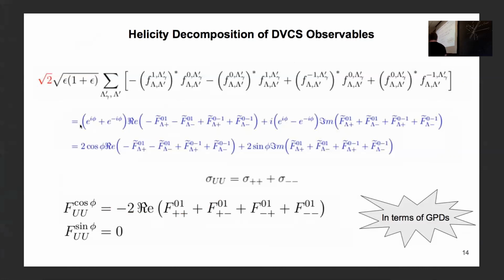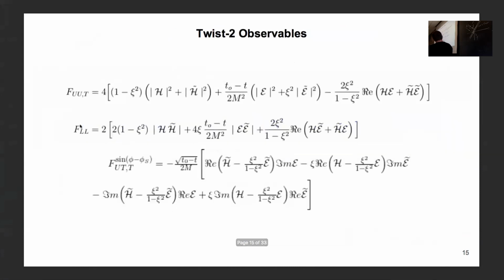So now we have these observables in terms of the GPDs, because we've inserted the amplitudes, which are in terms of GPDs. So these are some of the twist 2 observables, not all of them, but you have the unpolarized observable here, then your longitudinally polarized observable here, and then here is the unpolarized beam on a transversely polarized target in terms of your GPDs.